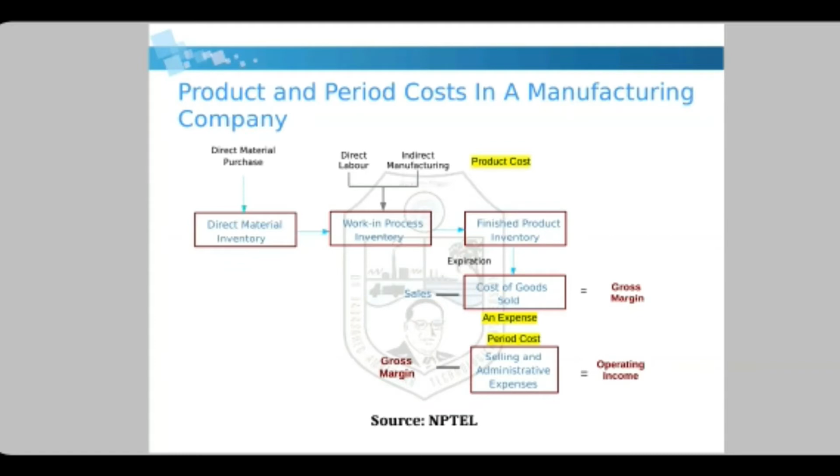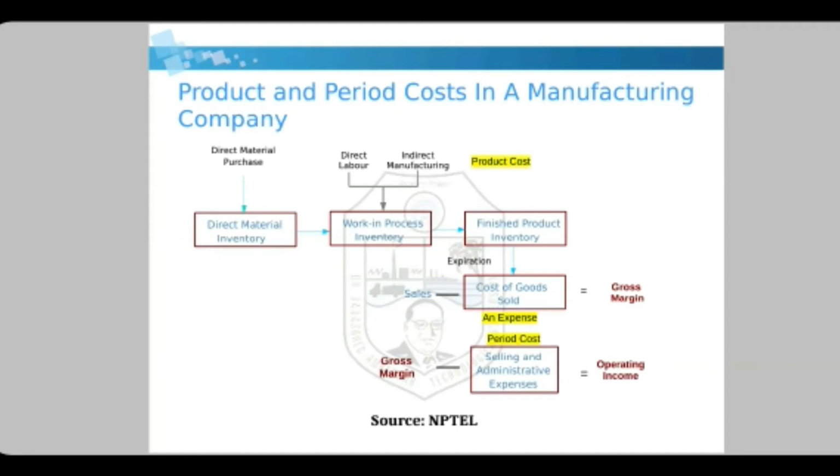Now let's take an example. Let's say there is a cupboard making company. The steel is a direct material they have purchased, and that will be in inventory. Now they will process the steel to make a cupboard. So labor cost will get added into it, and indirect manufacturing cost will be added into it.